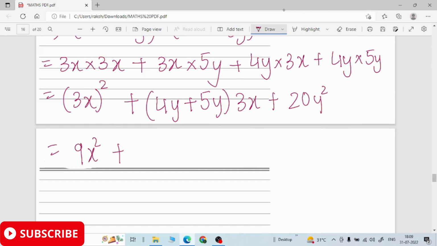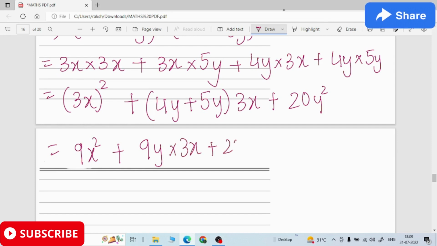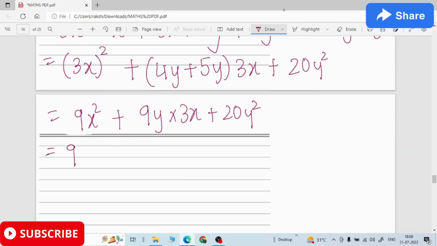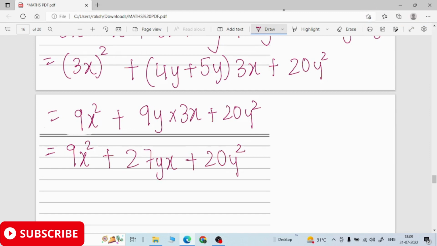Plus 4 plus 5, 9, 9y into 3x plus 20y square. So 9x square plus 3 nines are 27xy plus 20y square. I think everyone understood.